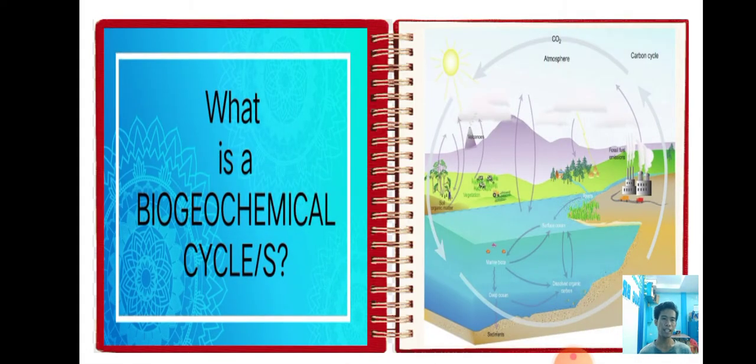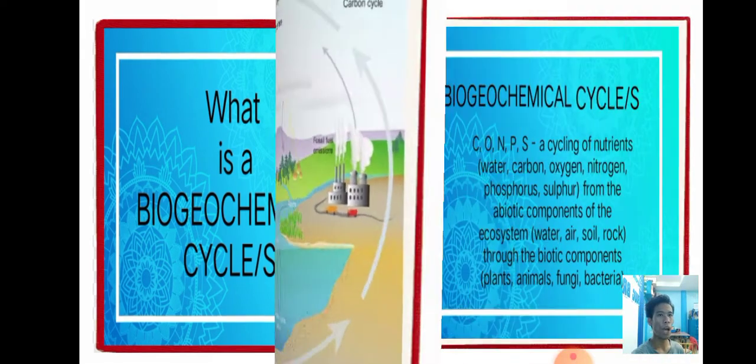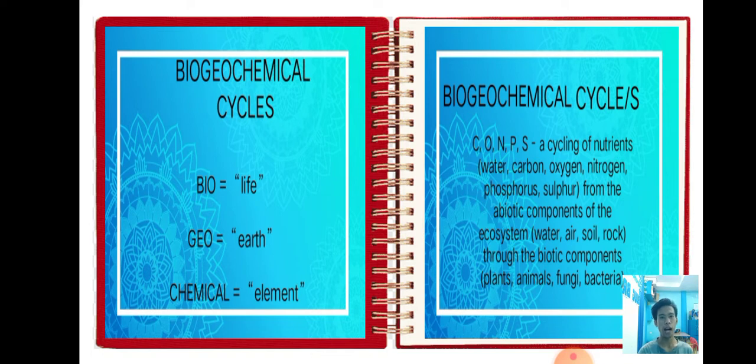So first, let us define what biogeochemical cycles are. According to my research and gathered information about this topic, biogeochemical cycles: bio means life, geo means earth, and chemical means element. So it simply means that biogeochemical is related to life on earth, which is composed of the different elements that we have.